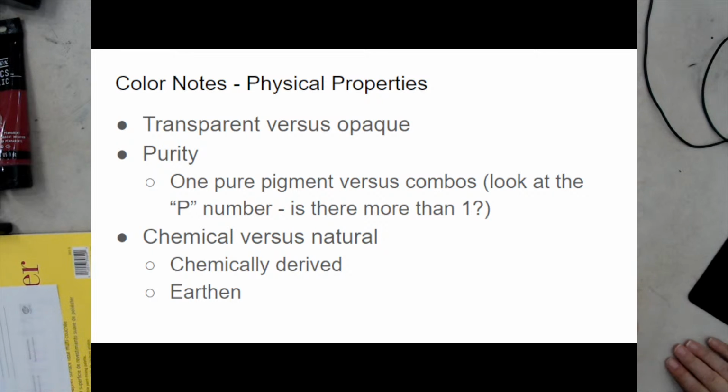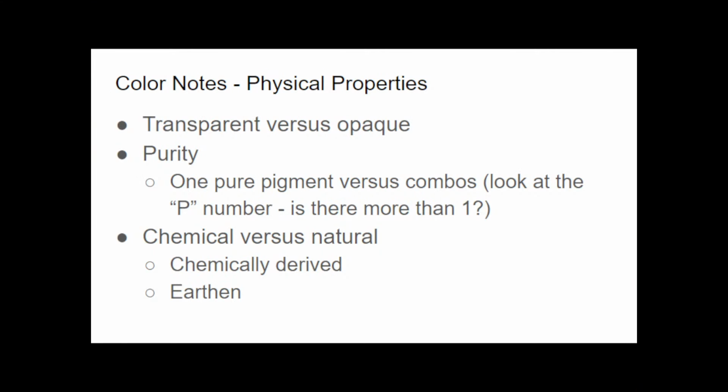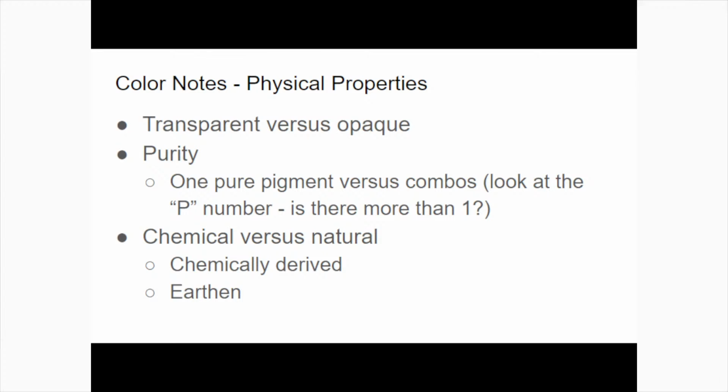So just know that some are chemically derived and some are earthen. For the earthen pigments, you can probably find a chemically derived pigment that's close, but for some of the more beautiful colors, you might want to have them in a tube instead of a generic, because the earth pigments can be really beautiful.